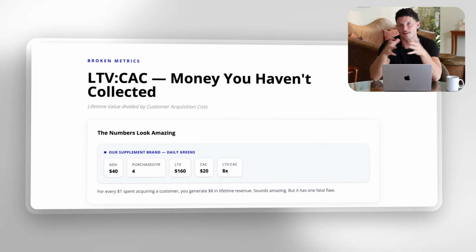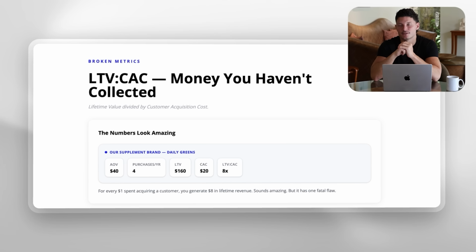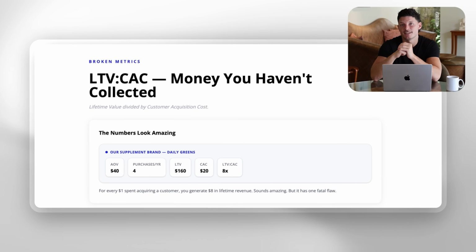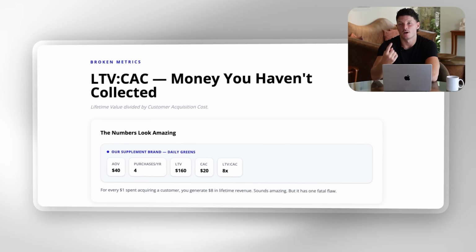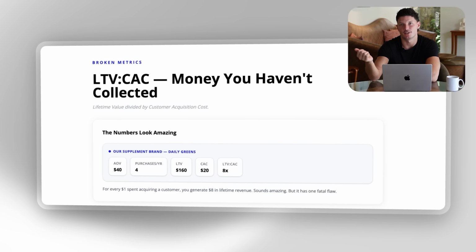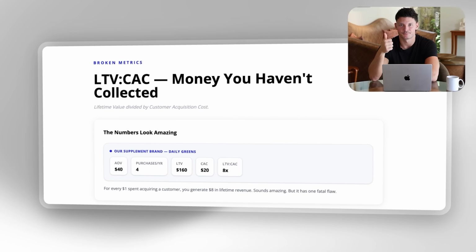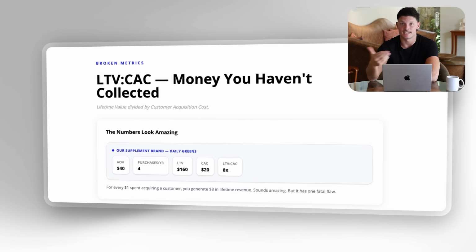So the LTV, lifetime value, is $160. So if it costs $20 to acquire that customer, our LTV to CAC ratio is 8. So for this product, for every $1 spent to acquire the customer, you get back $8 in lifetime revenue. Sounds amazing, right? And it is a powerful strategic concept, and it makes you think long-term, and investors love it.